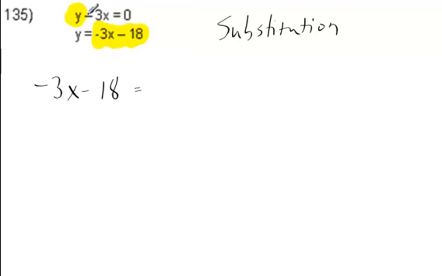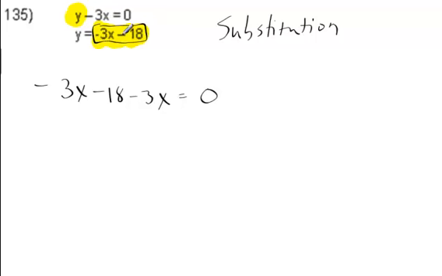Make sure you write negative 3x minus 18. Then I still have my minus 3x. That equals 0. That's why I highlight this, so I know what's left. I put this right where the y was, so I still have this minus 3x right there, and I still have the equals and the 0.